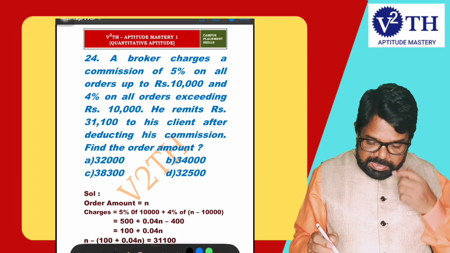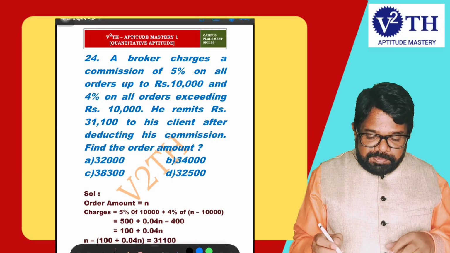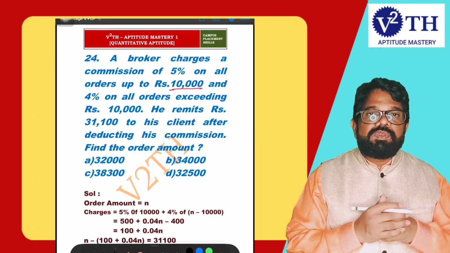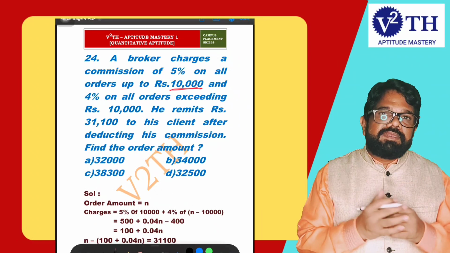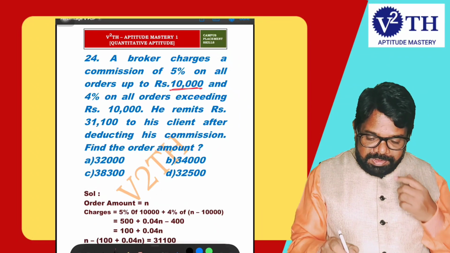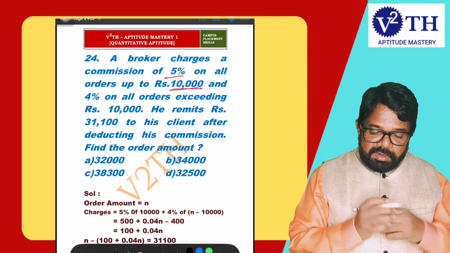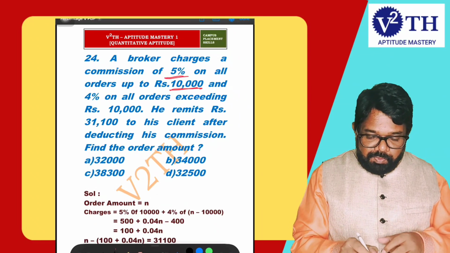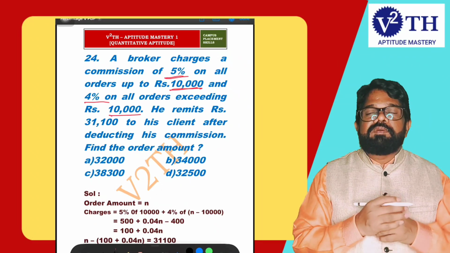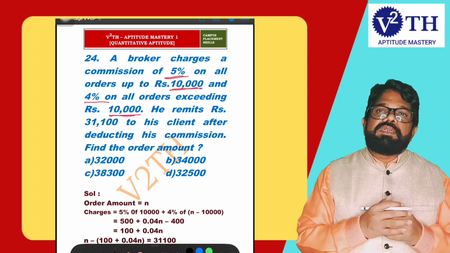A broker charges a commission of 5% on all orders up to 10,000 rupees, and 4% on all orders exceeding 10,000 rupees. A customer makes the order.